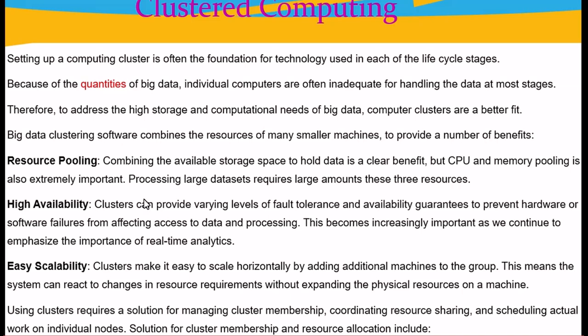The other one is high availability. This means a cluster can provide various levels of fault tolerance and availability guarantees to prevent hardware or software failure from affecting access to data and processing.